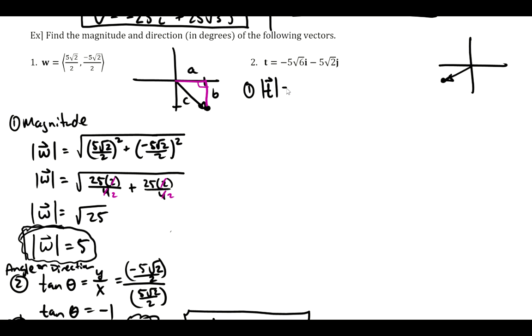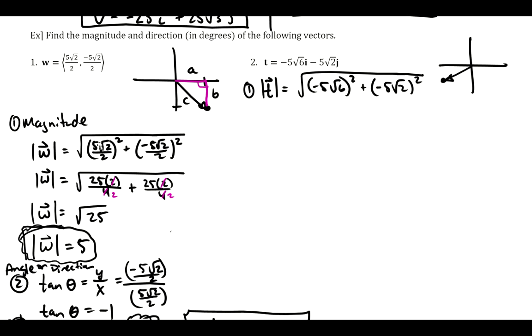We've got the magnitude of t is the square root of the horizontal component. Notice, don't put the i there, just the numerical part. So negative 5 radical 6 squared, and then always plus the vertical component, which would be negative 5 radical 2 squared. Again, no j put in there, just like I didn't put the pointy arrows in the first one that we did.